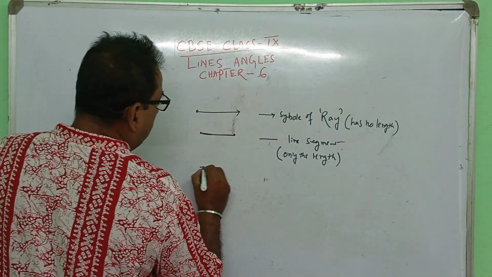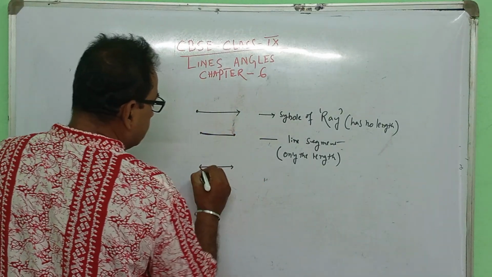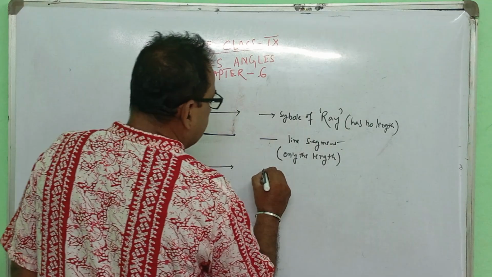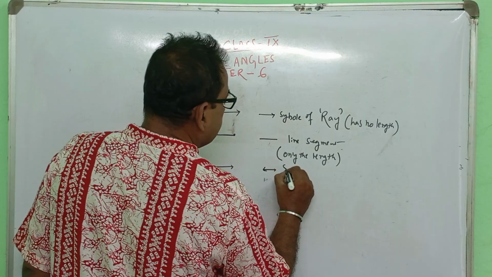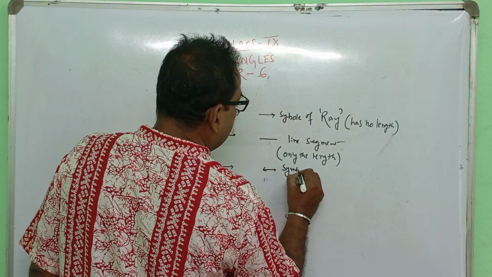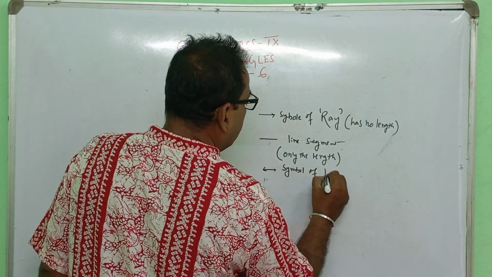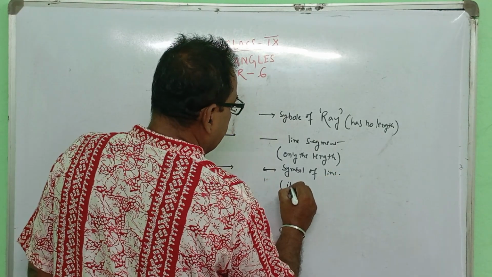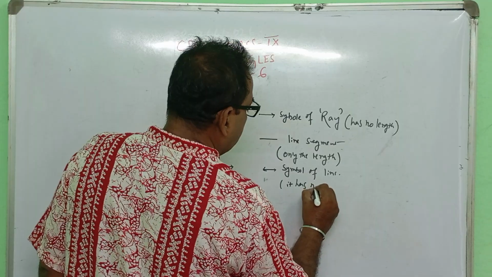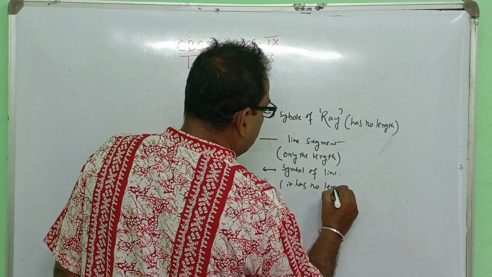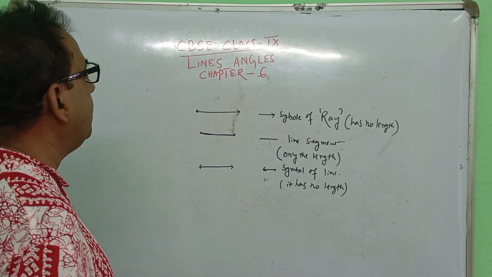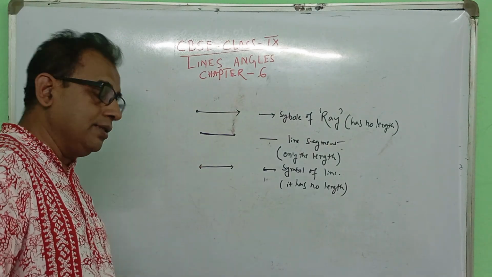Now if we draw these things, it is represented by this, it's the symbol of a line. It has no length. Only the line segment has the length.